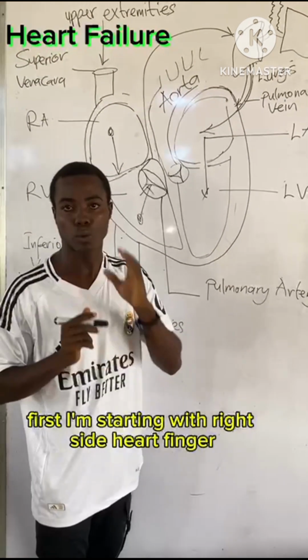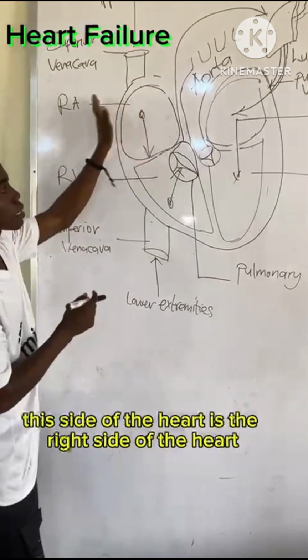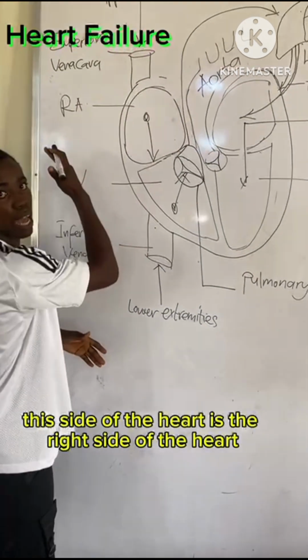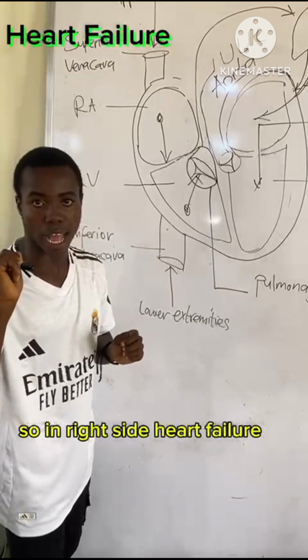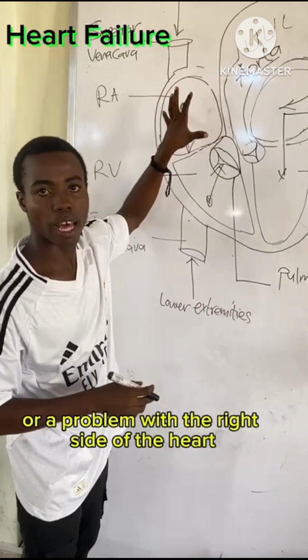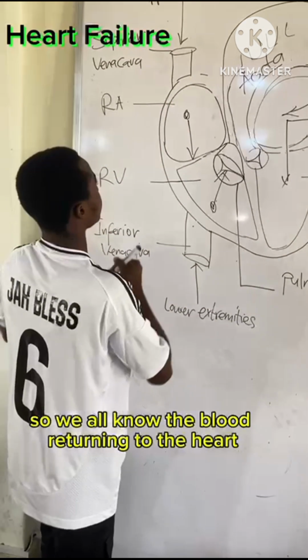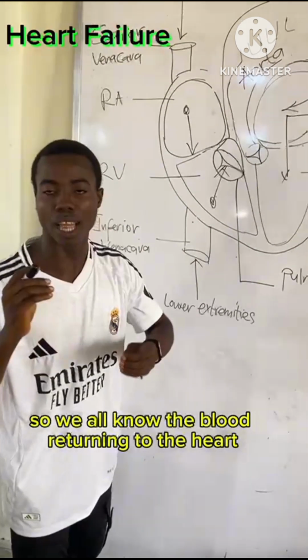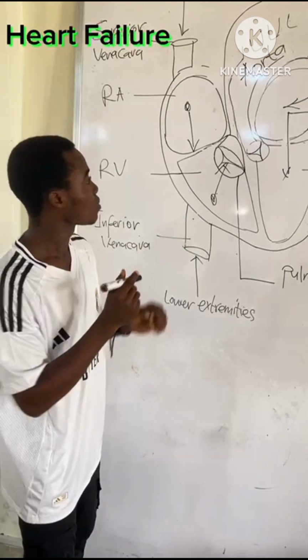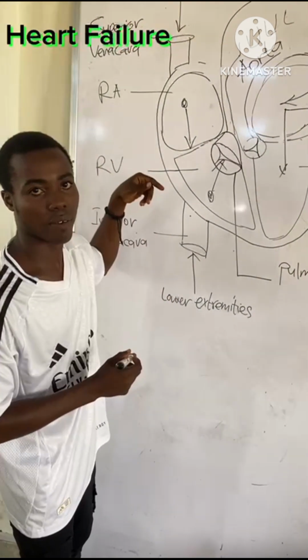First, I'm starting with right-sided heart failure. In right-sided heart failure, we know this side of the heart is the right side of the heart. So in right-sided heart failure, that means there's either a blockage or a problem with the right side of the heart. We all know the blood returning to the heart passes through either the inferior vena cava or the superior vena cava.